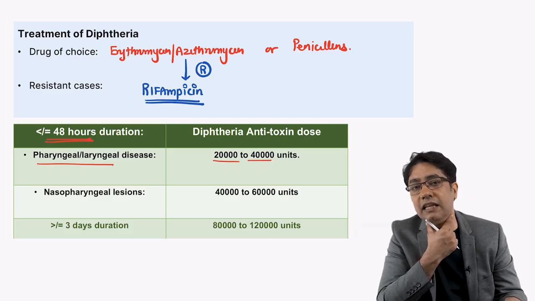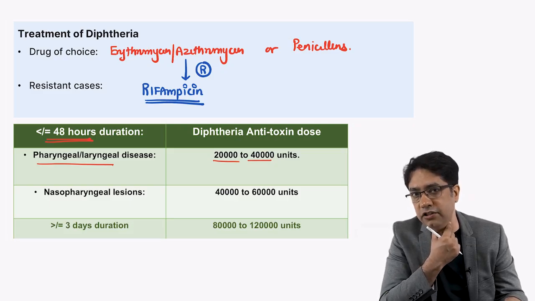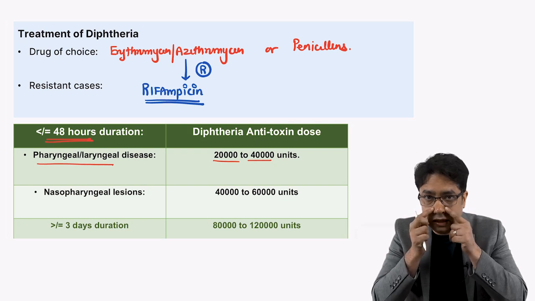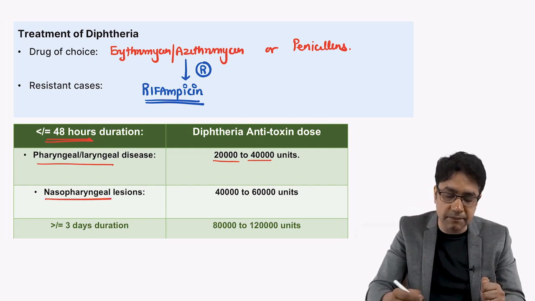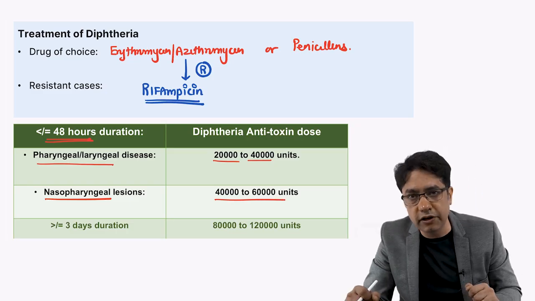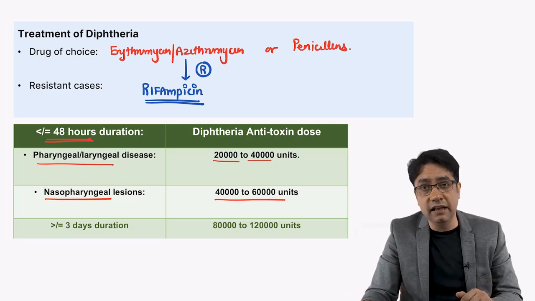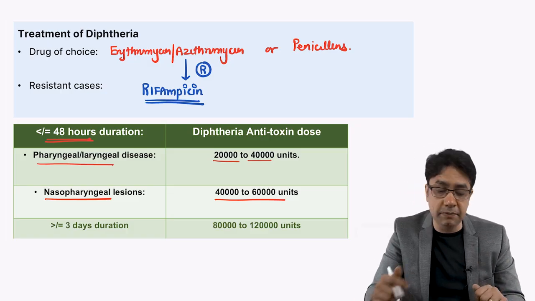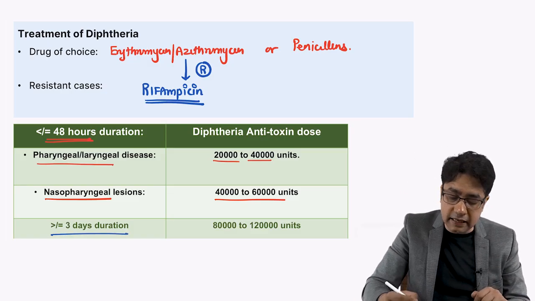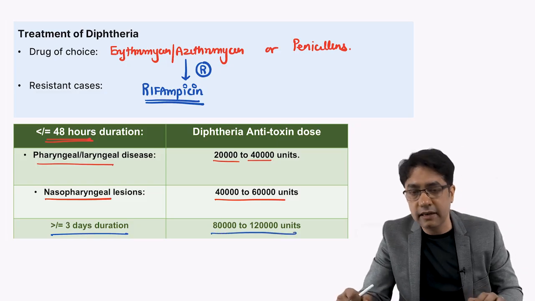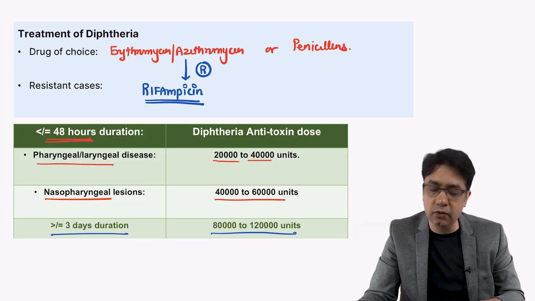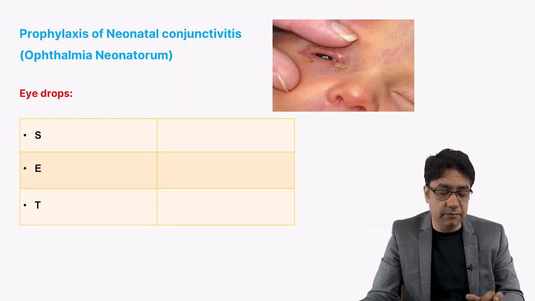If this diphtheria is limited to laryngeal area or pharyngeal area, but it is spreading to nasal area as well, nasopharyngeal, increase the dose from 40,000 to 60,000. And if this disease is becoming older, it's been more than 3 days, then increase the dose of antitoxin further, 80,000 to 1,20,000. So this is the treatment of diphtheria.